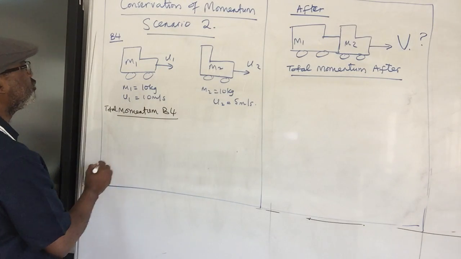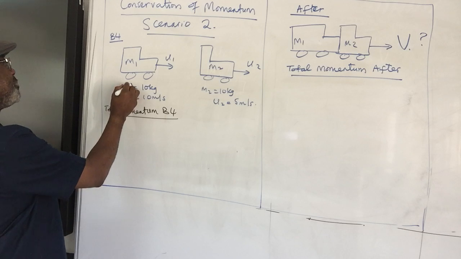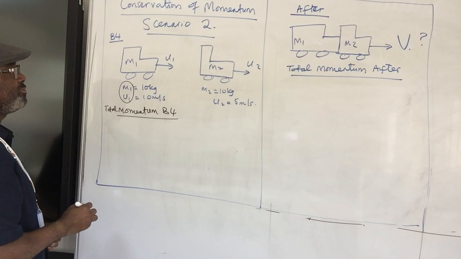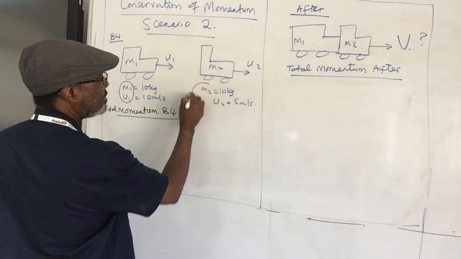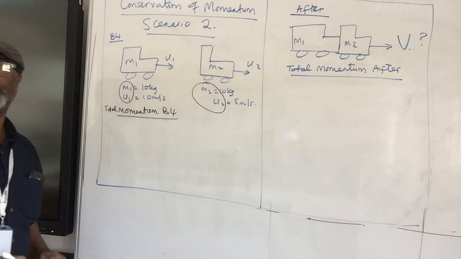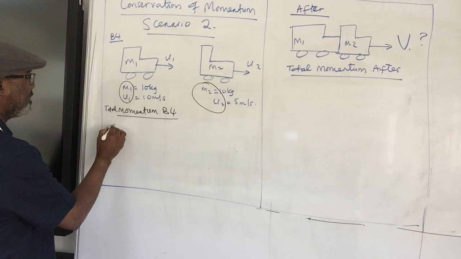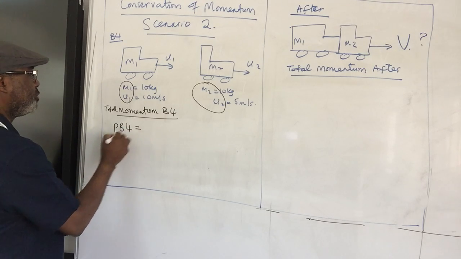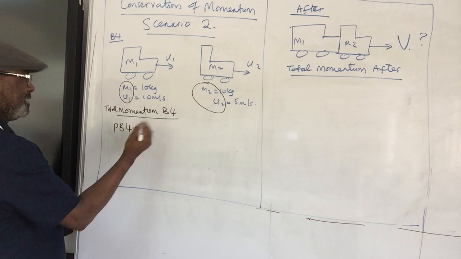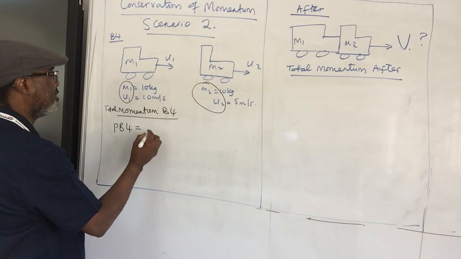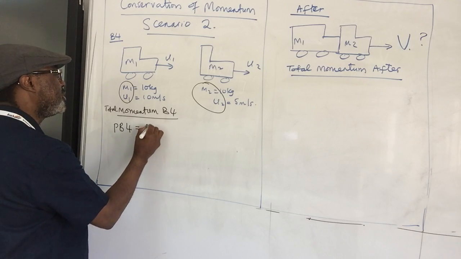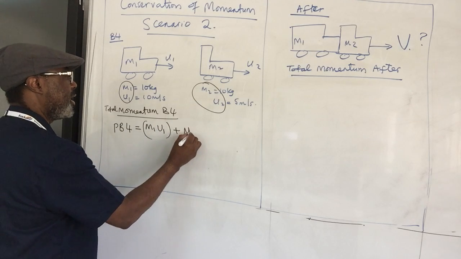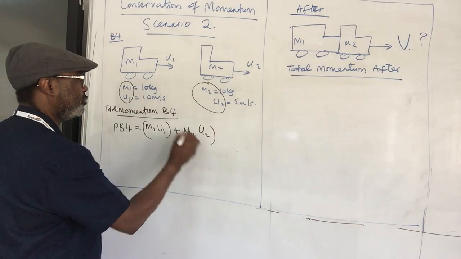The total momentum before is the product of mass and initial velocity for M1 plus mass and initial velocity for M2. We use small p to represent momentum. So momentum before, p before, equals M1 U1 plus M2 U2.